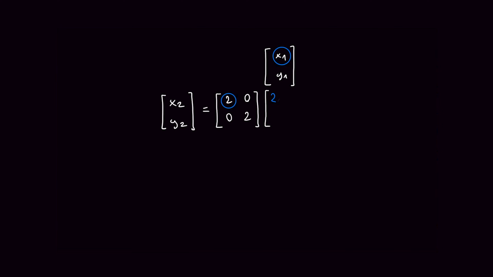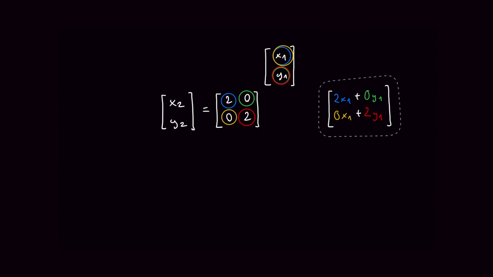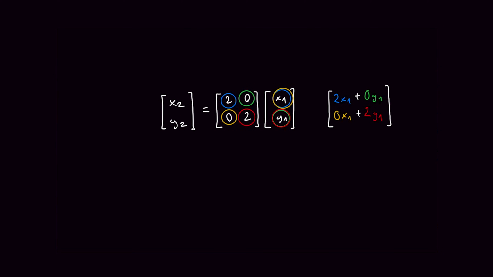We multiply the first number in the first row by the first number in the vector, and add the second number in that row multiplied by the second number in the vector. We repeat that for the second row of the matrix. Now we can get rid of the zeros and see that the resulting vector is indeed just the first one scaled by 2.